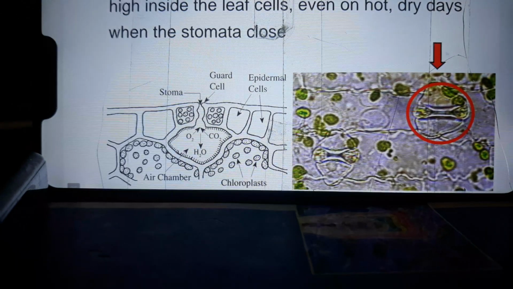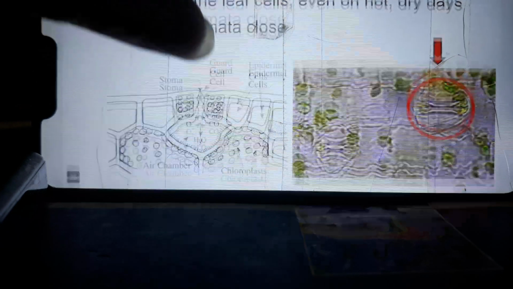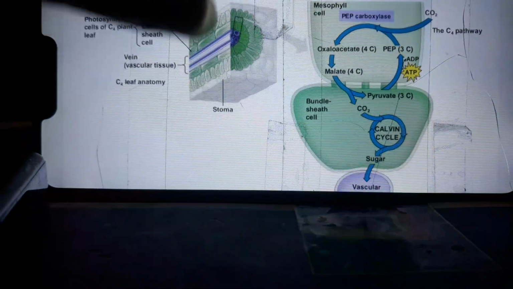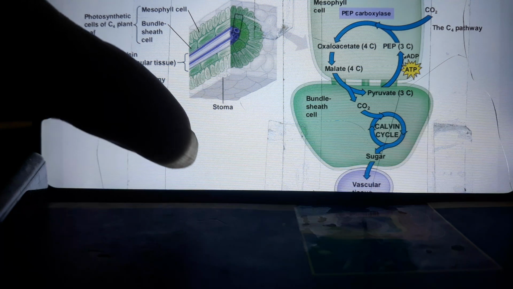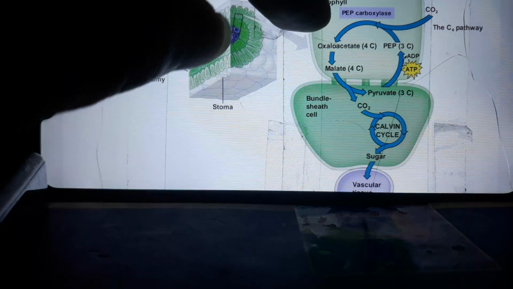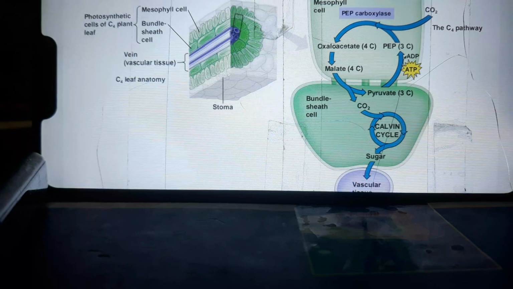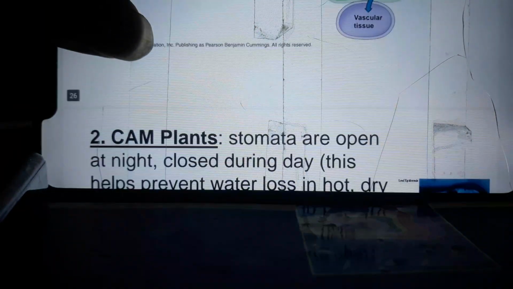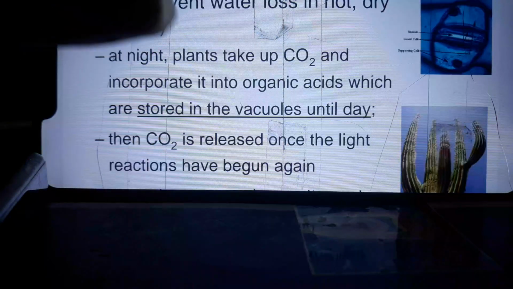This process keeps the levels of carbon dioxide sufficiently high inside the leaf cells, even on hot, dry days when the stomata close. These are the directions in the diagrams. You might see the oxaloacetate, malate giving pyruvate and carbon dioxide in the bundle sheath cell, and finally to the vascular tissue where sugar is consumed.